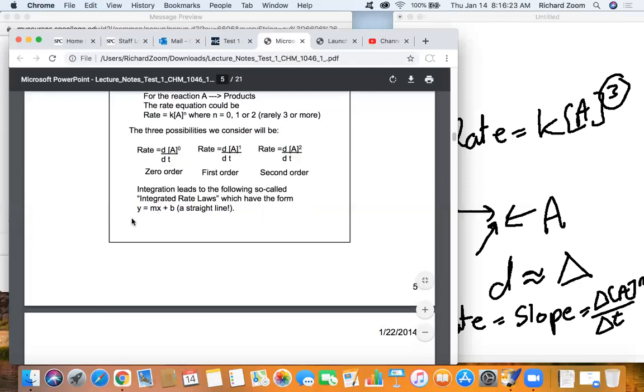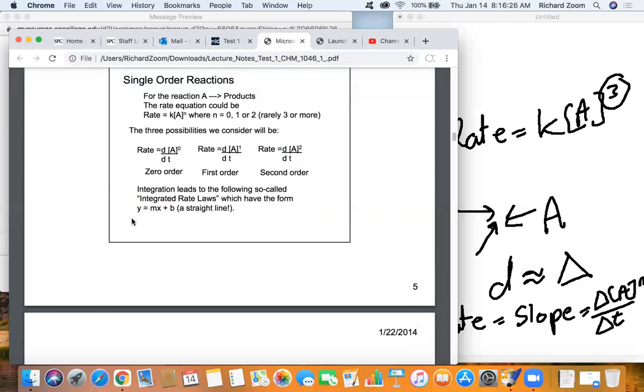So if you remember back to your college algebra or your pre-algebra, you'd know that y is equal to m, which is the slope, times x, plus b, which is a constant value. But the whole thing is that's a straight line.